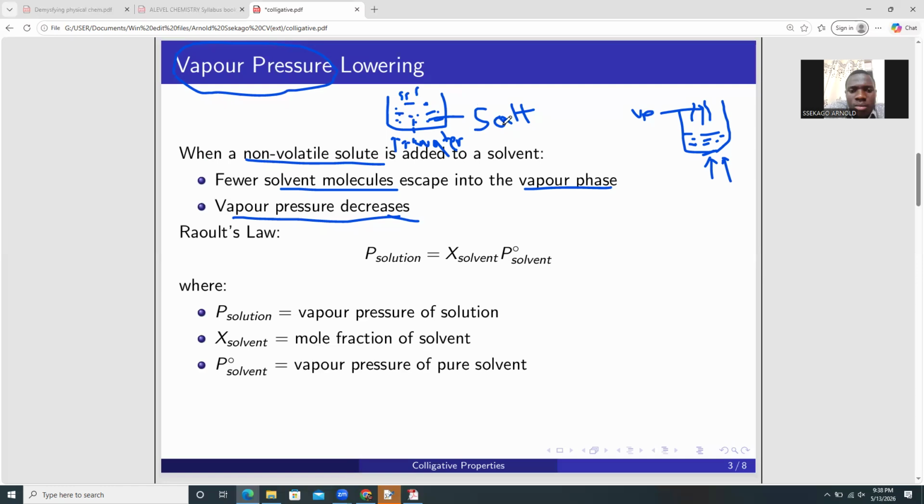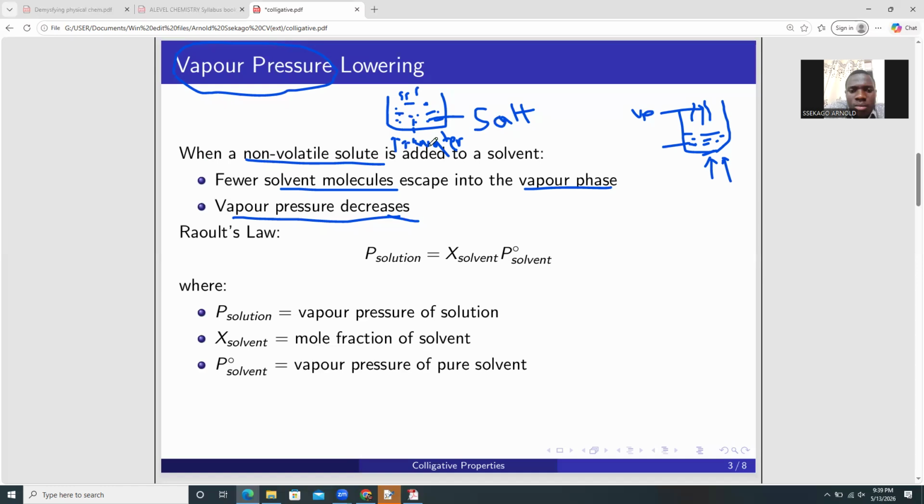Once you add a solute to a solvent, I have considered two cases. Look at the case where water is not mixed with salt, and another case where water is mixed with salt. For the case where water is mixed with salt, after making that mixture and boiling it, you'll have fewer water molecules that will escape. Do you know why?